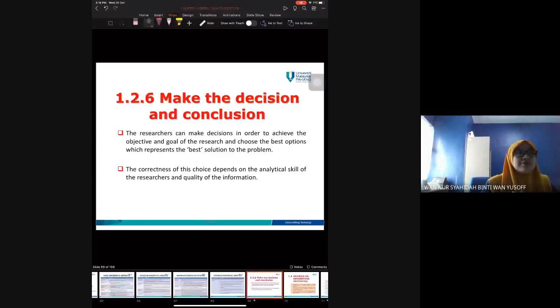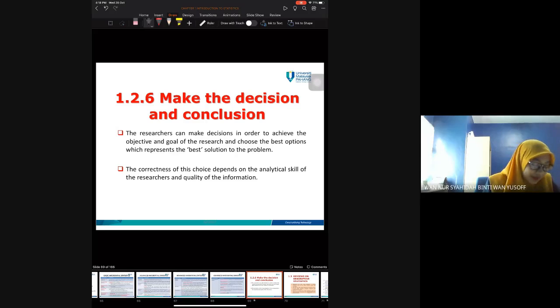Doesn't matter how big or small your research is, your report must be closed with a conclusion or decision to your problem. A good report wraps everything together and closes with the conclusion or decision to solve the problem.